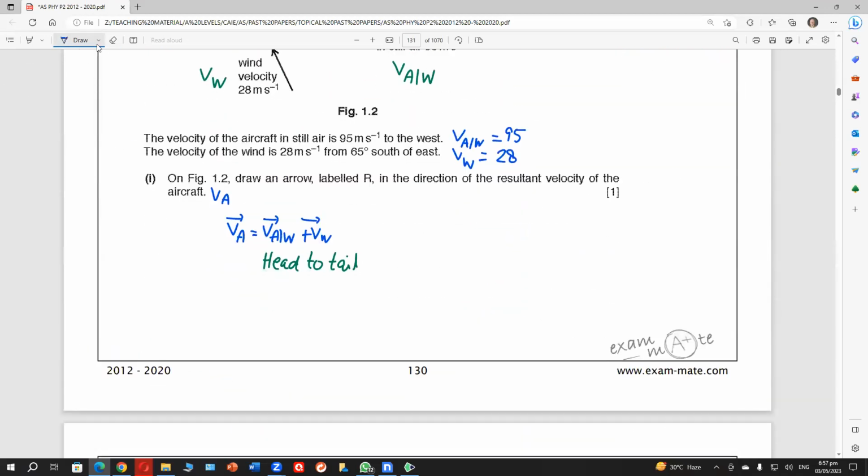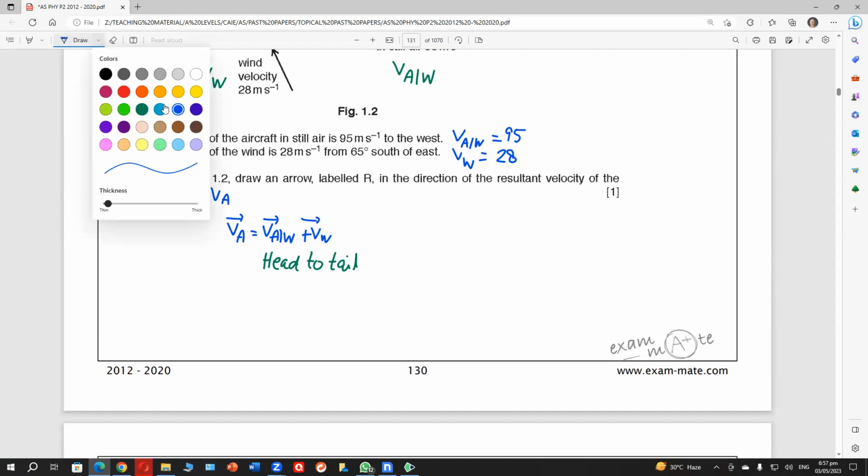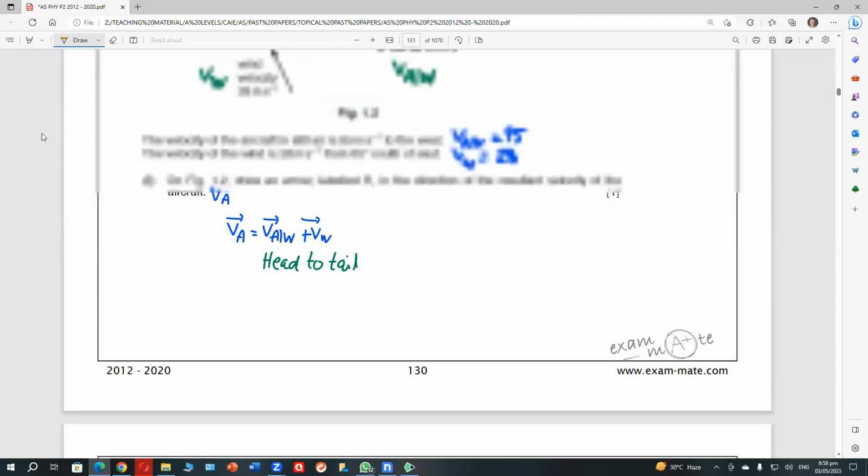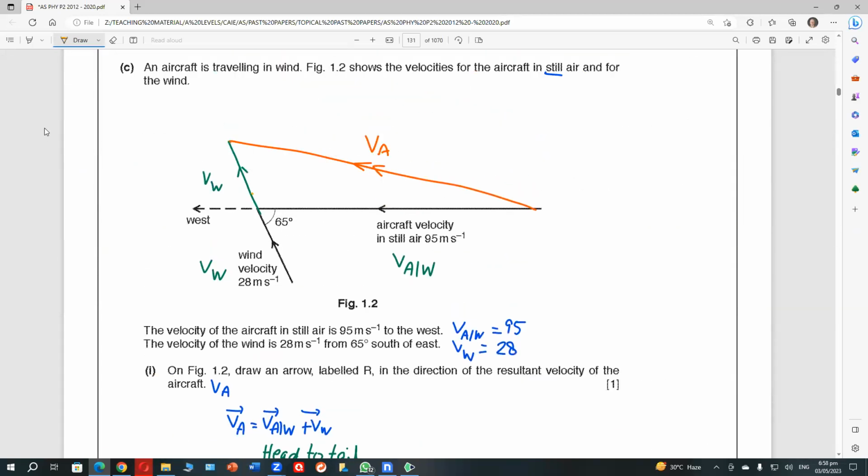This angle would be 65. You can see here, this angle would be 65.